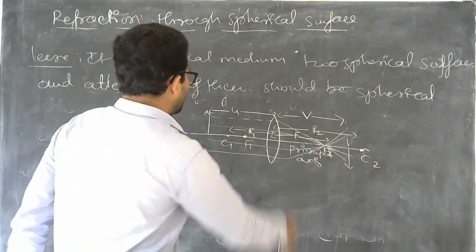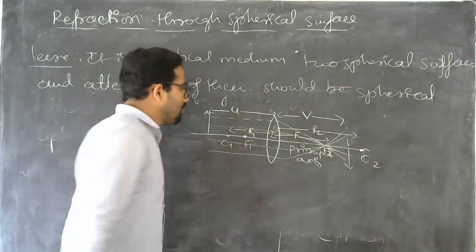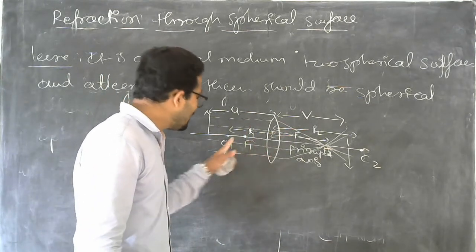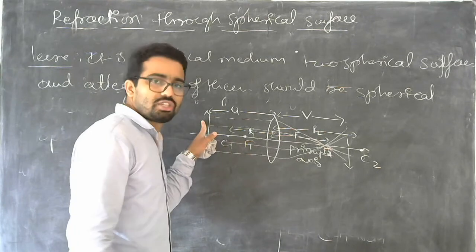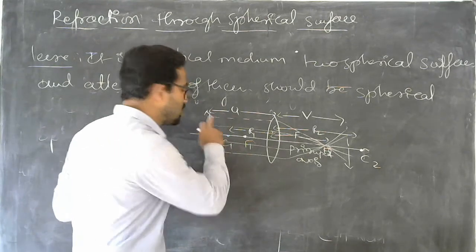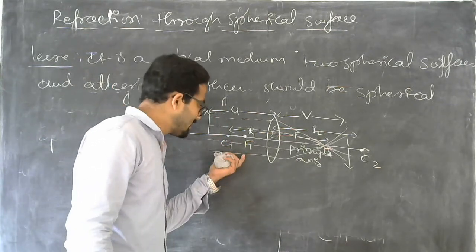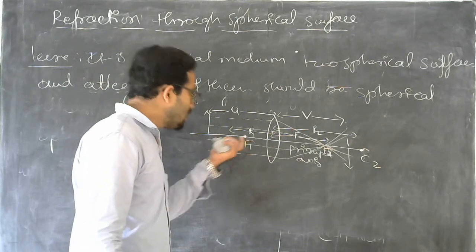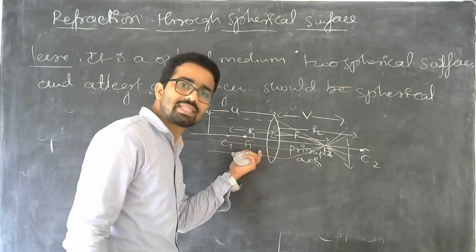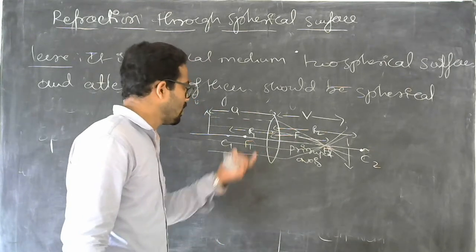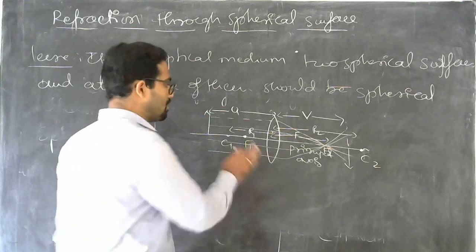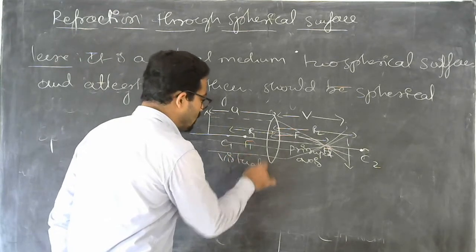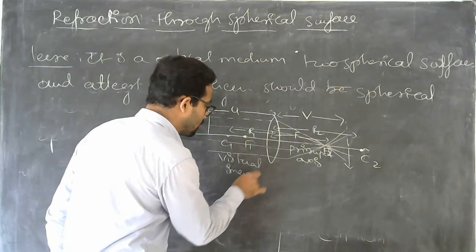Then, if the image is formed in the convex lens on the side of the object, here we are keeping the object, on this side itself an image is formed. Then the image formed on the same side as the object is called a virtual image.